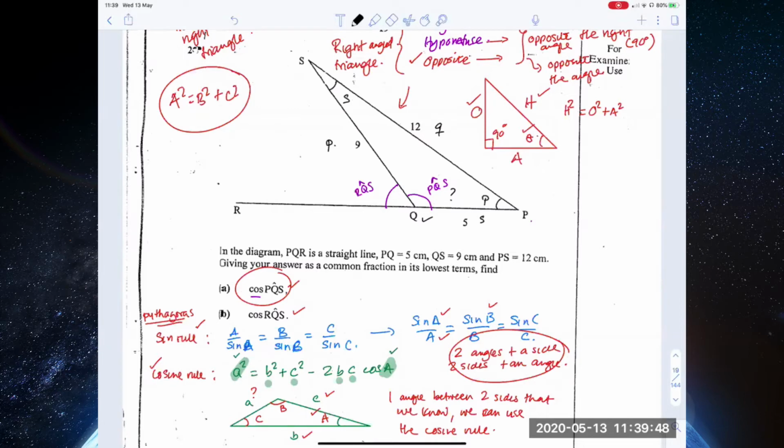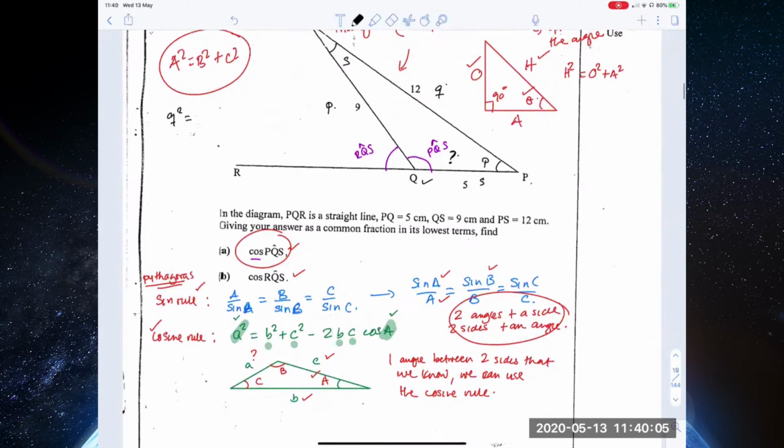So we want this angle, P, Q. So we're going to use Q squared. Q squared is equal to what? We're just following the same rule here.